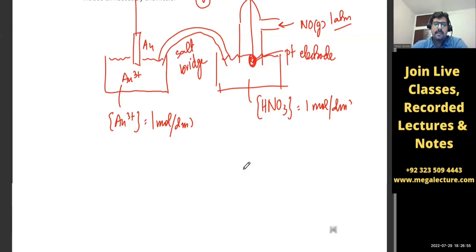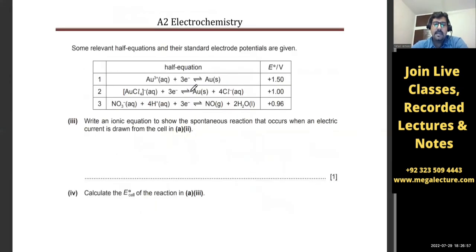Up here he's asking, given 3 equations, write an ionic equation to show the spontaneous reaction that occurs when an electric current is drawn from the cell. So one of the electrodes is the Au3+ and Au electrode, and if you compare it, this is the higher potential, so that's the one that's going to gain electrons.